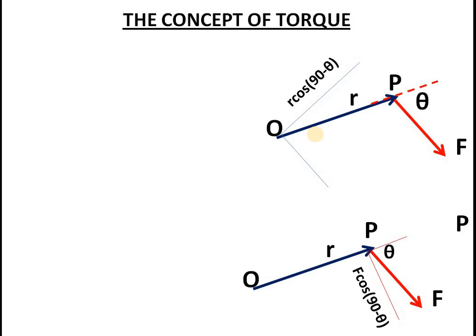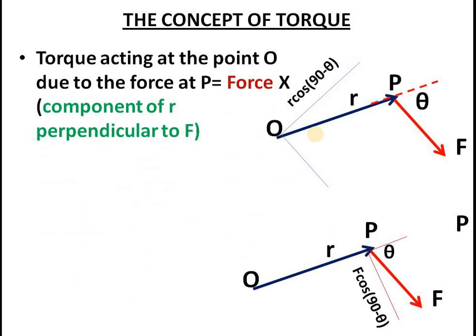Now we come to why we write torque as R into F into sine theta. The reason we have to analyze. For that, consider the first figure. Here, this O is the reference point with reference to which the force is acting, and the force is acting at a distance R, at a point P. Then the force is at some arbitrary angle, and you can see vectors R and F are not exactly perpendicular.